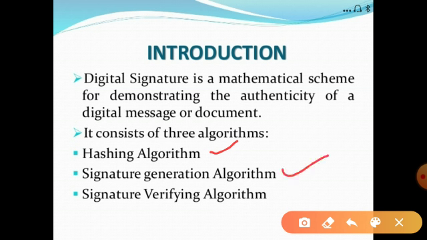Then at the receiver side, we use the verification algorithm to verify the signature. So here we are using a total of 3 algorithms: the hashing algorithm, the signature algorithm, and the verifying algorithm.